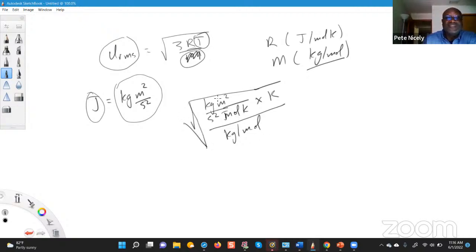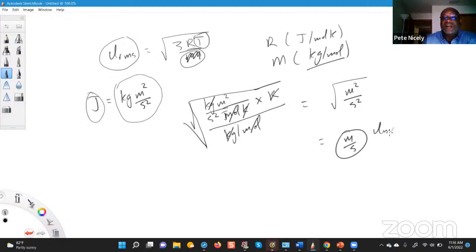Okay, so I'm going to work this out. Some units will cancel out, namely the kilogram units, the mole units, and the Kelvin units. And what we're left with is the square root of meter squared over second squared, which would be equal to meters per second, which would be the units of speed. All right?